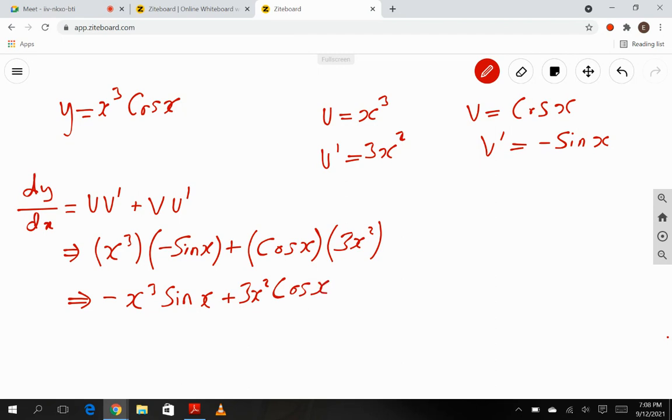So if you want to simplify this, you can then factor out the x squared, okay? So you can factor out.